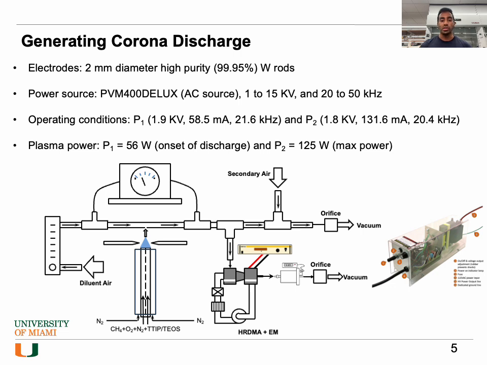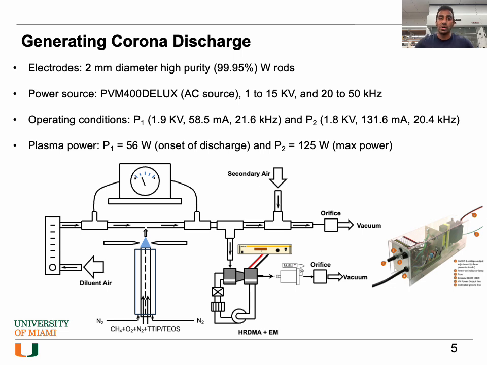To introduce coronal discharge into this system, we used two high purity tungsten rods as electrodes, and we connected them to a high frequency and high voltage AC power source. Now, this is important because there have been previous studies which looked at similar influences from coronal discharge, but they employed a DC power source.